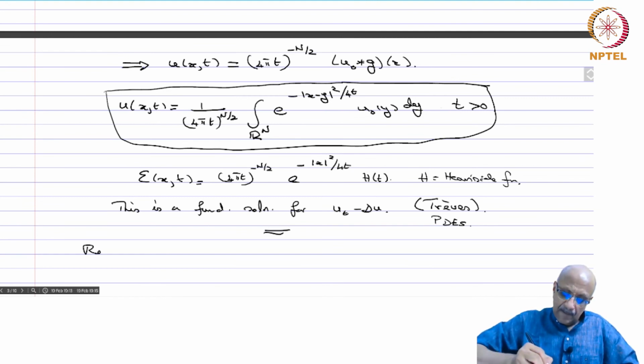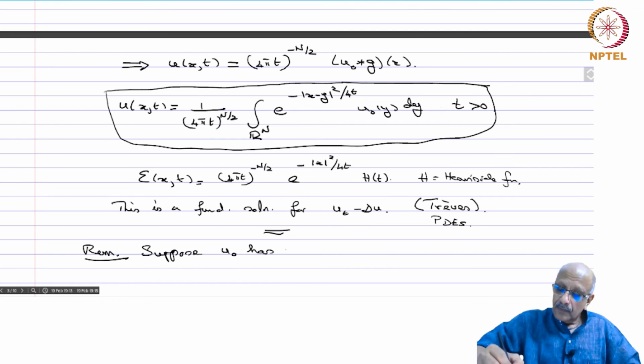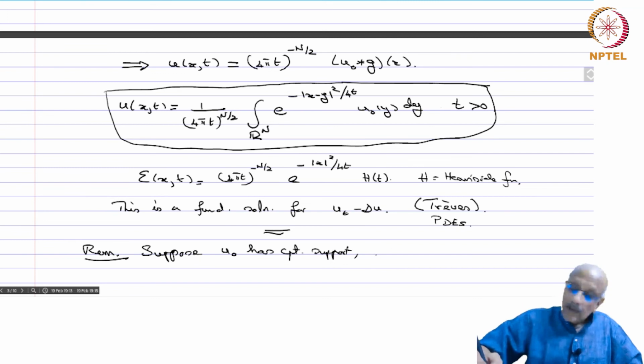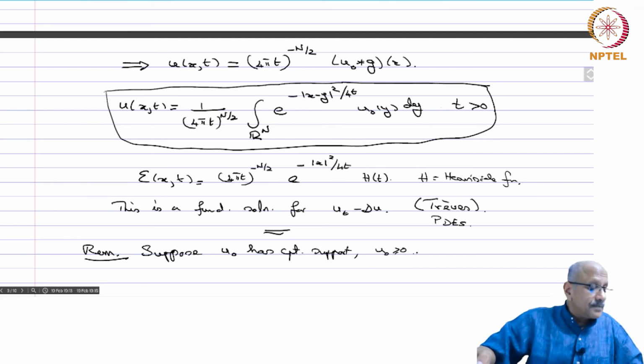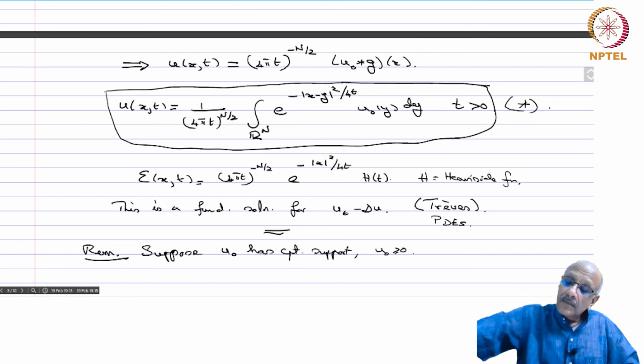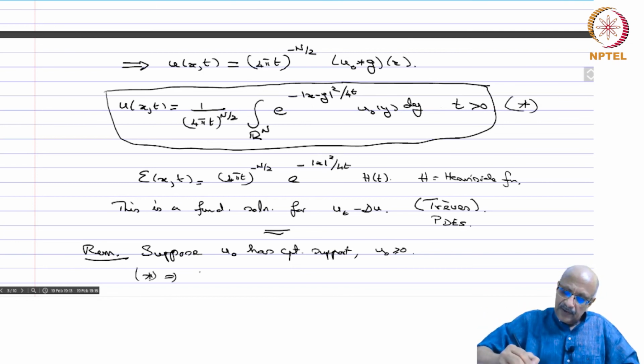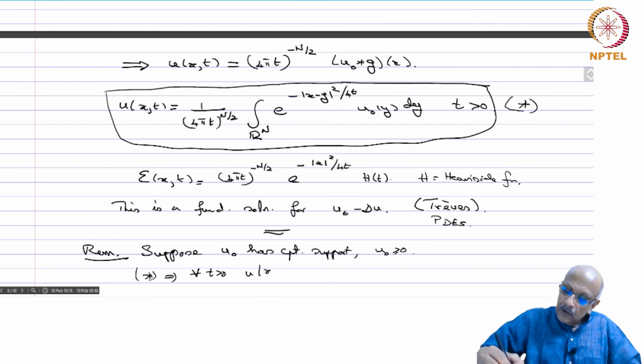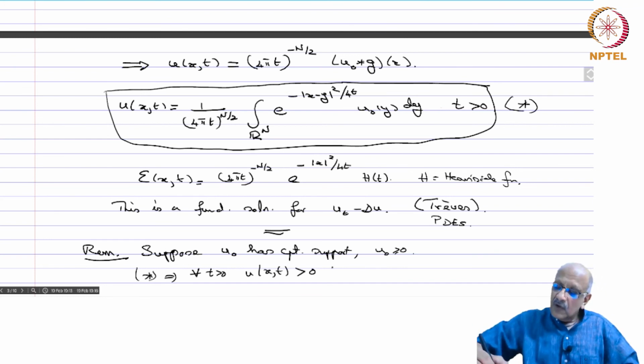Remark: suppose u naught has compact support, and say u naught is greater or equal to 0. Call this star. Then star implies that for every t positive, u of x t is strictly positive for all x in Rn.